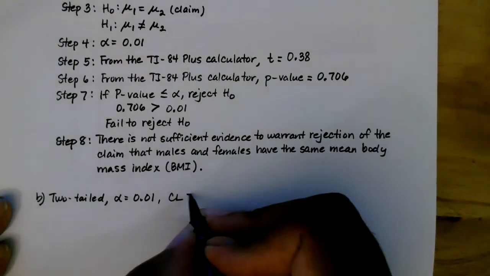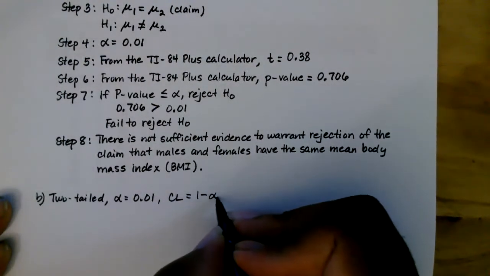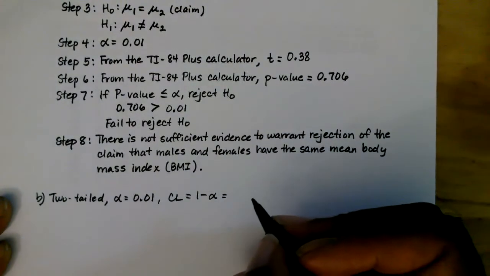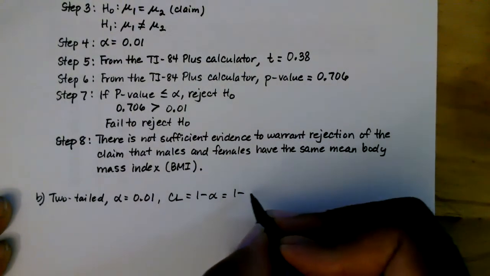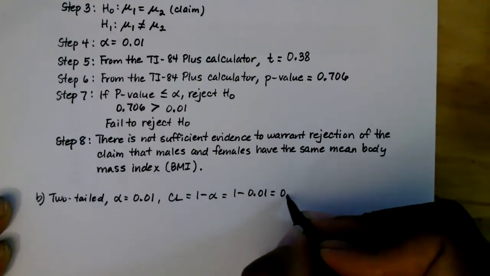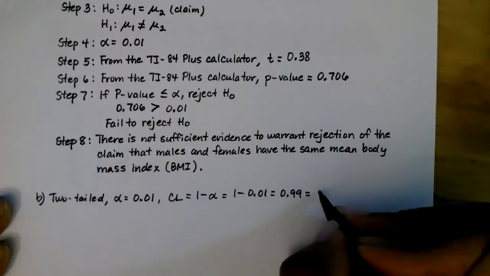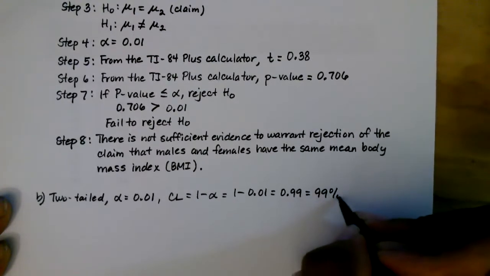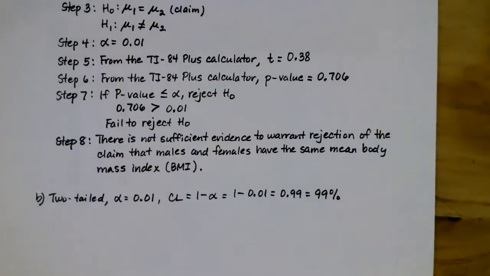That means our confidence level will be 1 minus alpha because it's already a two-tailed test. So 1 minus 0.01 will end up being 0.99, or as a percent, 99%. So our confidence level for this situation is 99%.